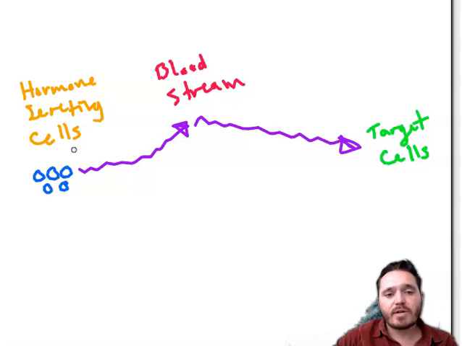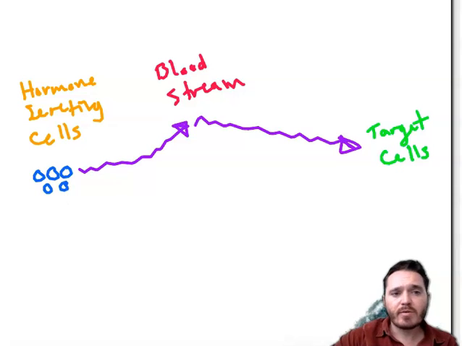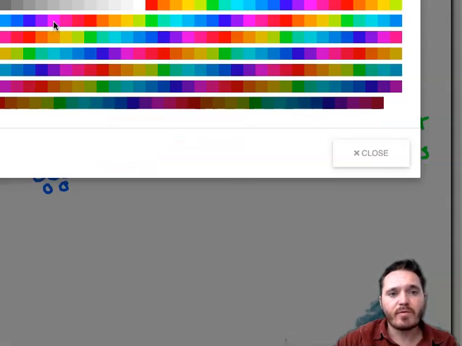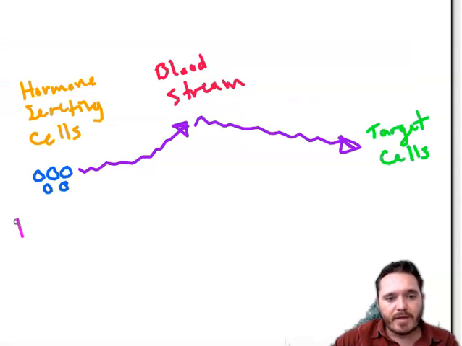These hormone secreting cells are going to be monitoring some molecule that's going to end up telling them to secrete that hormone if the levels of that molecule are too high or too low. An example of this would be what we were talking about before with the beta cells in the pancreas.